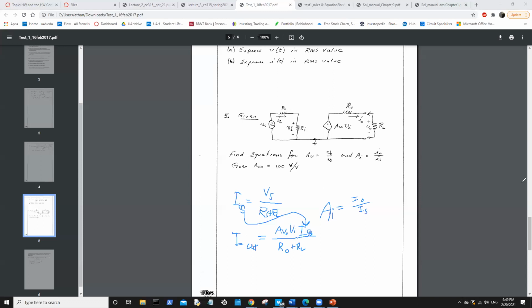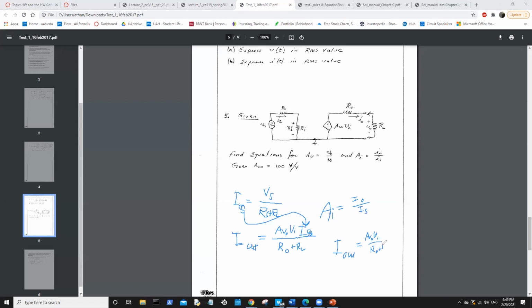Well, I'm just wondering, if you did mesh analysis on that second loop, what would you get on the right hand loop over here? Or just do a KVL. Yeah. And then you just get AVO, and then the VI, and then that's over RO plus RL, and then you're all sorted.